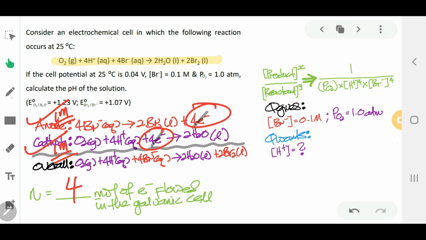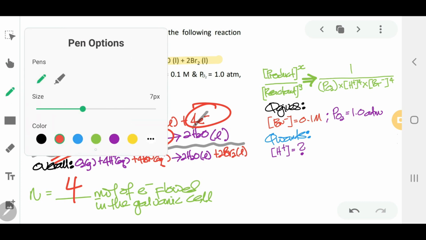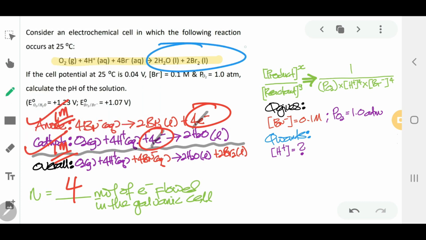Because when you look at the product side, both of them are in liquid form. And as we know, pure liquids and solids are considered constant, so they will not be part of the quotient here. So you're going to put 1.